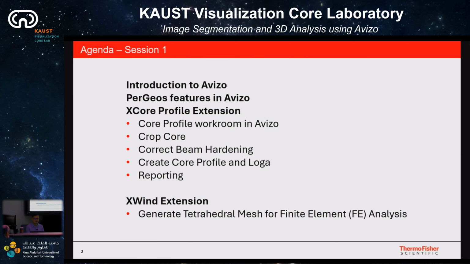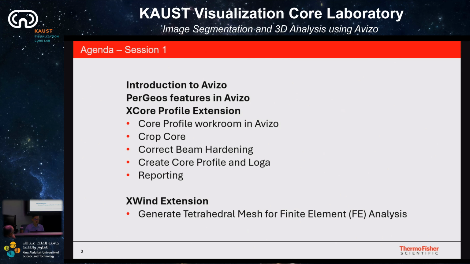For example, do core, correct beam hardening using just the module, and then create the core profile and log, and then some reporting. And then we're gonna add some extension that we call simulation. It's already available also in Avizo, so we're gonna generate the tetrahedral mesh for finite element analysis.